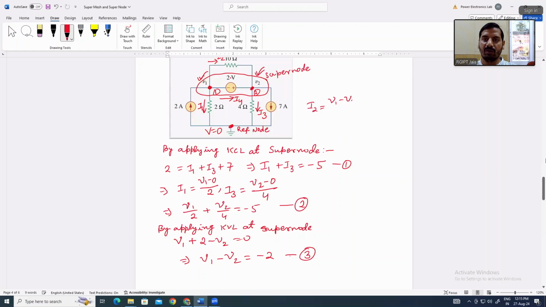Simple. And the value of I4 we can easily calculate by applying KCL at node 1. By applying KCL at node 1, there is one incoming current and 3 outgoing currents. So I4 will be equal to 2 minus I1 minus I2.